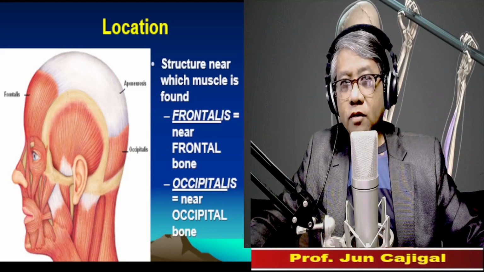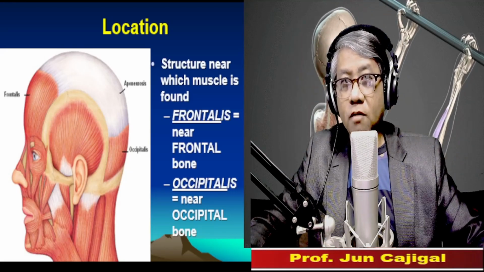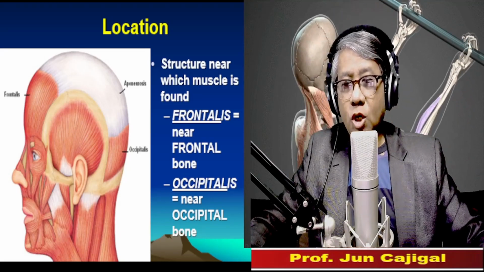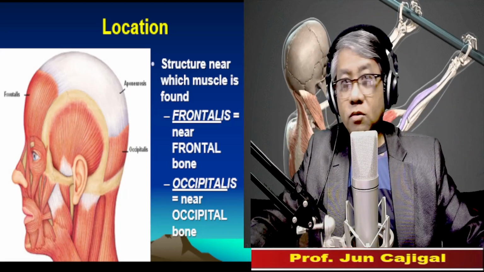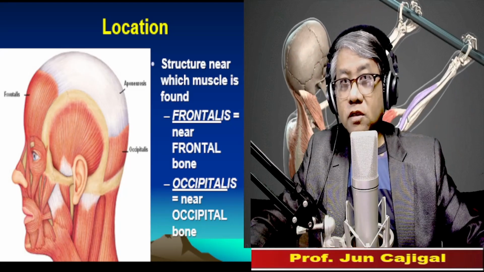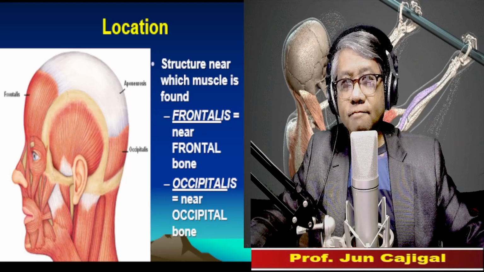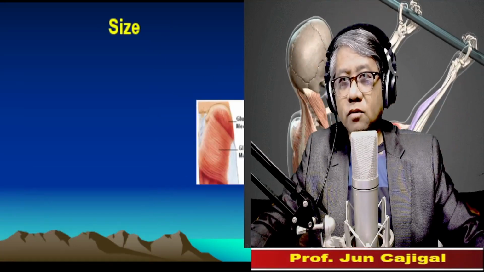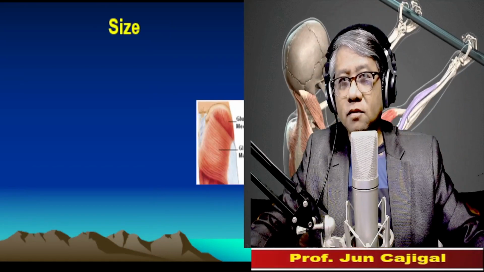The term frontalis means that the muscle is near the frontal bone, which is part of the skull. Or the name occipitalis, which means that the muscle is near the occipital bone, also part of the skull. Now what about the size of the muscle as a basis for naming skeletal muscle?